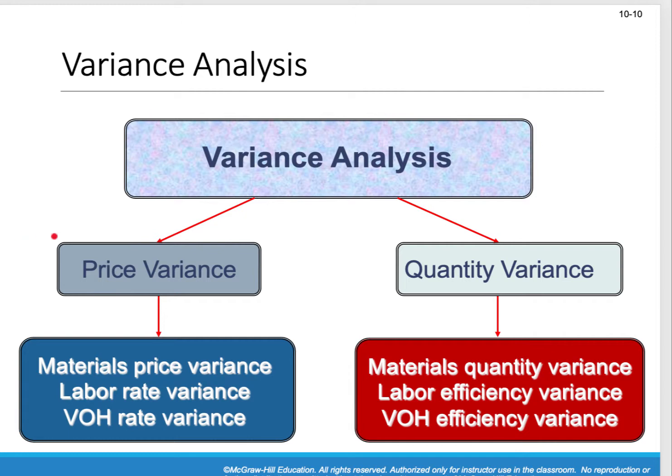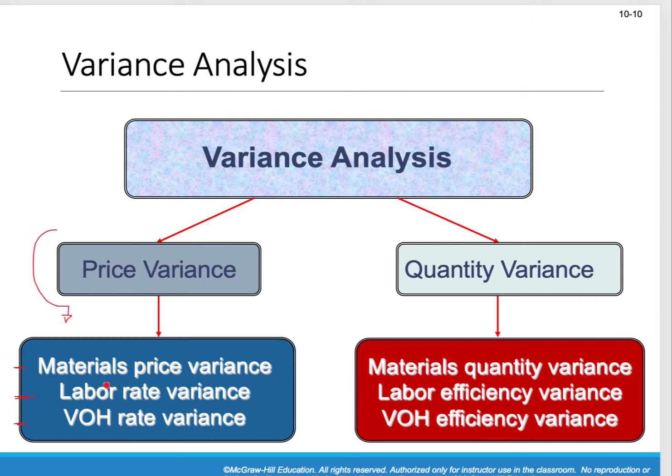When we're calculating the price variance for direct materials, we call it the materials price variance. If we're calculating price variance for labor, we call it the labor rate variance. If we're calculating price variance for variable overhead, we call that the variable overhead rate variance.